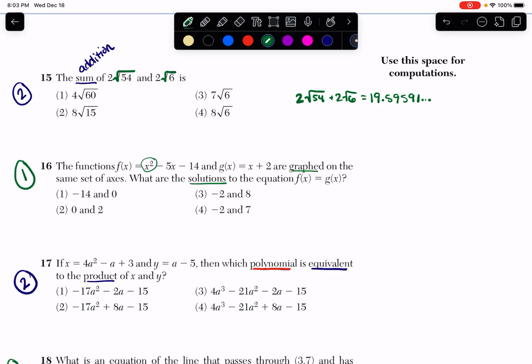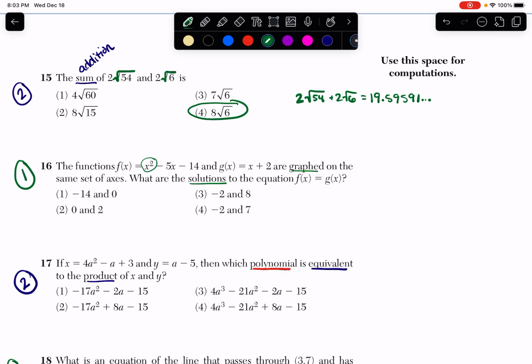At this point, I can just type in answer choices until I find whichever one gives me the same decimal. So if you type in each of these answer choices, the answer choice that will give you the same decimal, that same 19.59, blah, blah, is answer choice 4.